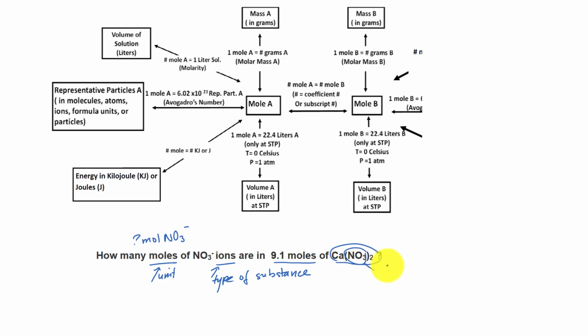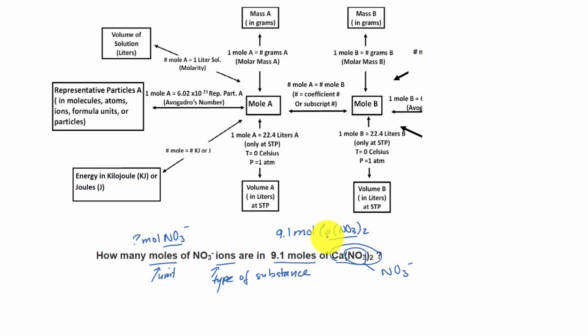This right here is your NO3 minus, okay? So in this case, what we have here is 9.1 mole of Ca(NO3)2. There you go.